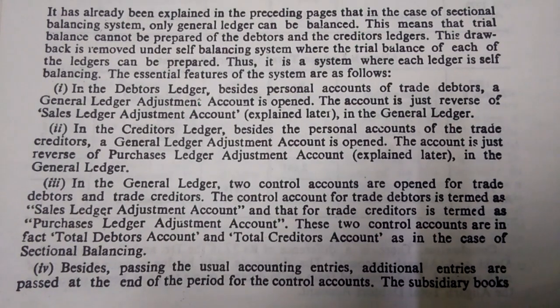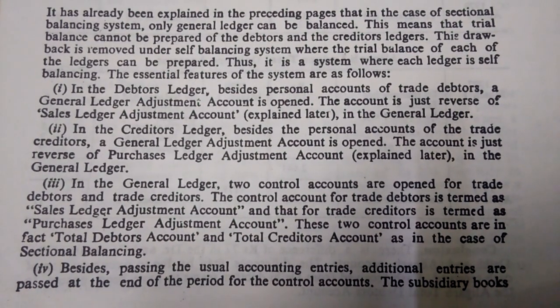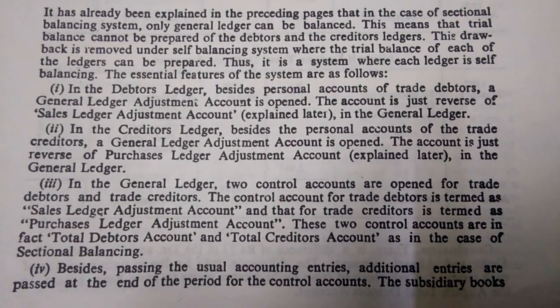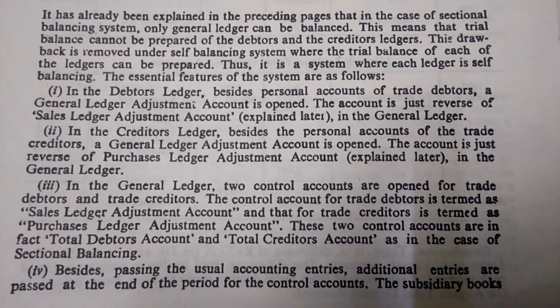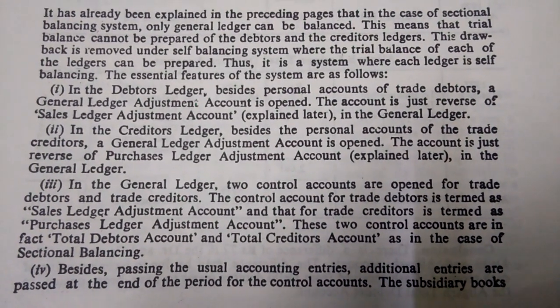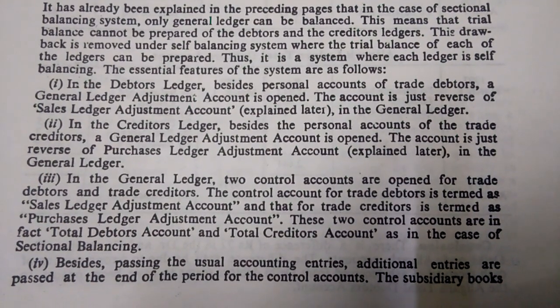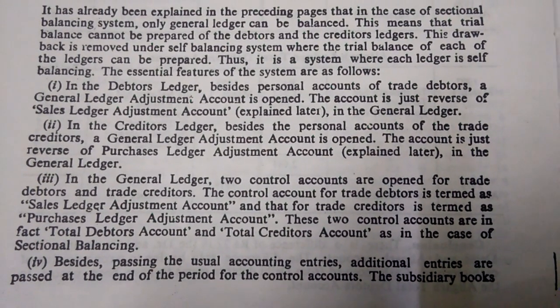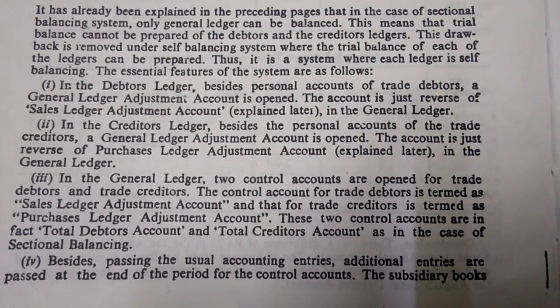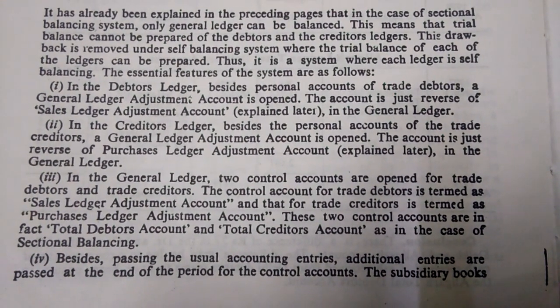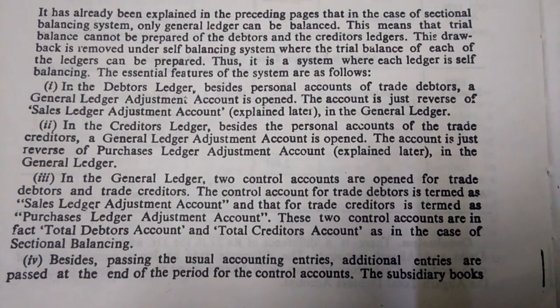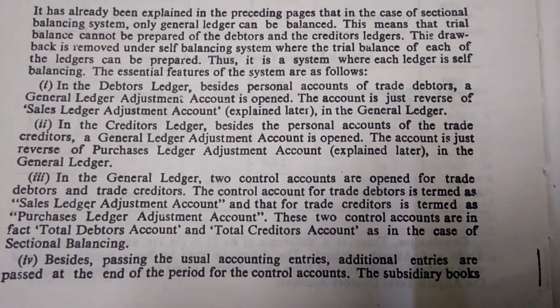These two control accounts are in fact the total debtors account and total creditors account, as in the case of sectional balancing. Fourth one, besides passing the usual accounting entries, additional entries are passed at the end of the period for the control accounts.